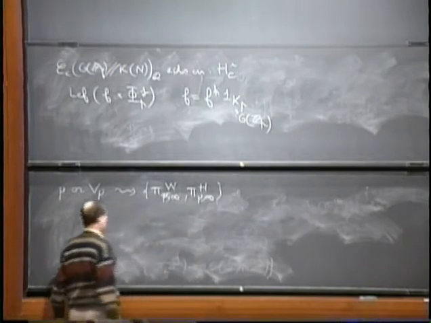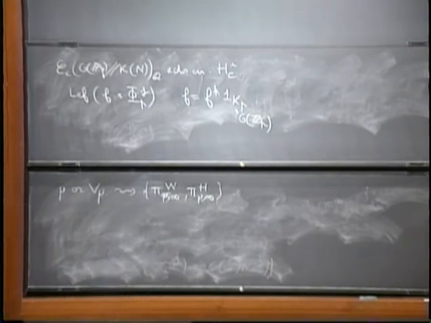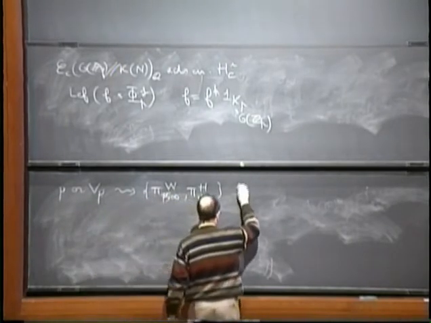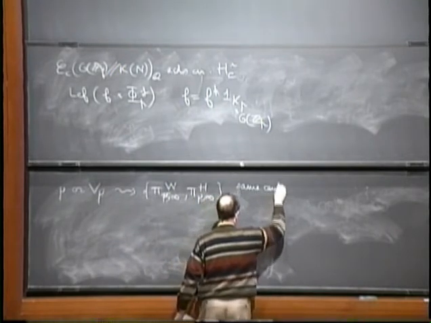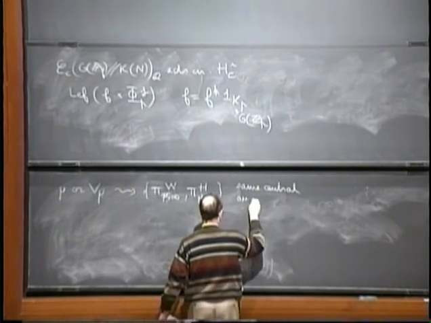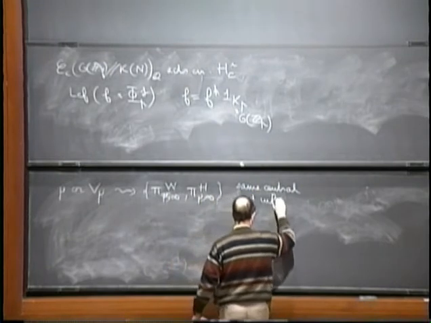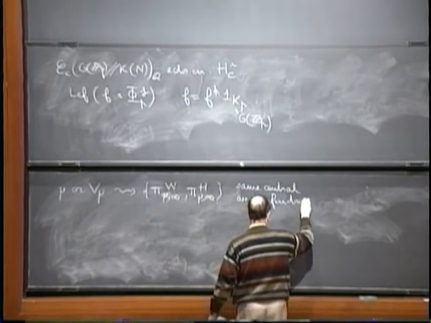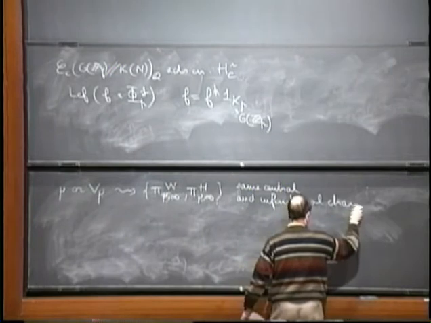One is holomorphic, the other has the Whittaker model, which have the same central and infinitesimal character as V mu.